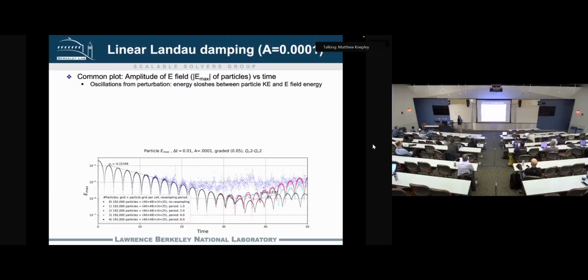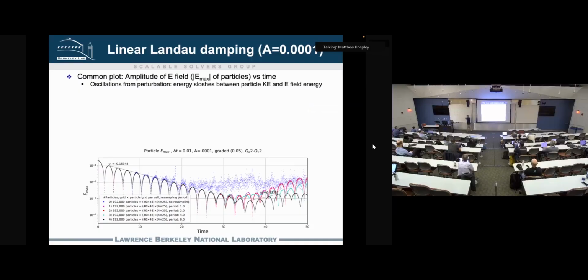Okay, so this is an example of these types of things. Let me unpack this a little bit. This is very common. If you're in this business, you see these things quite a bit. This is the plot of the electric field amplitude as a function of time. In our case, we measure it with the maximum absolute value of the electric field at a particle.